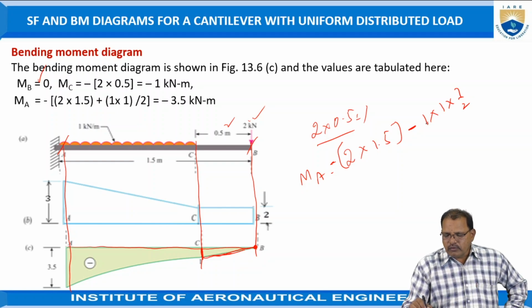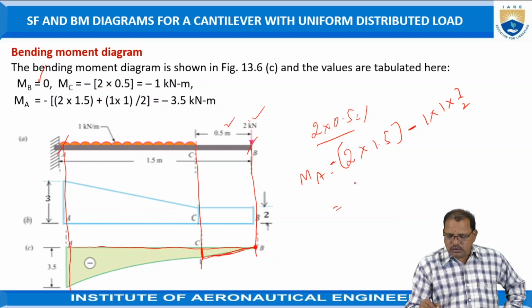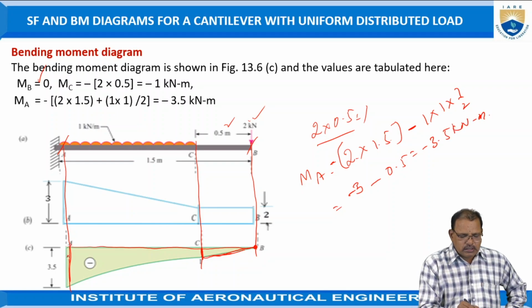That is, 1 is nothing but the load W into L and L by 2 now, which is equal to, here it is 3, here minus 0.5, total is equal to minus 3.5 kilonewton meter now. So represent just here 3.5 kilonewton meter in the downward direction.